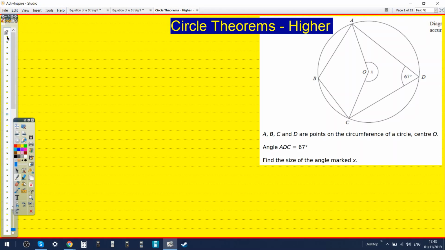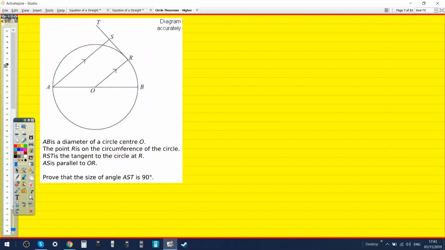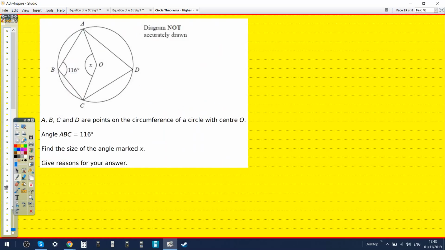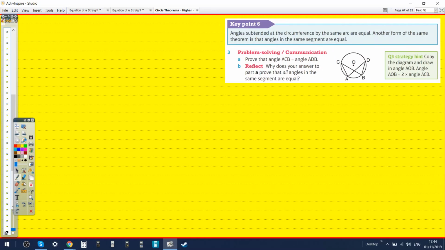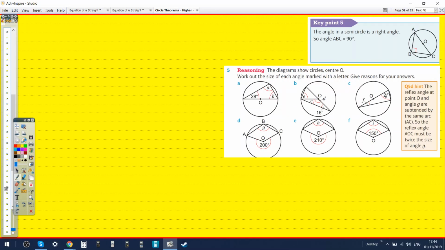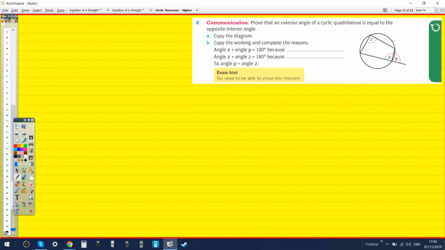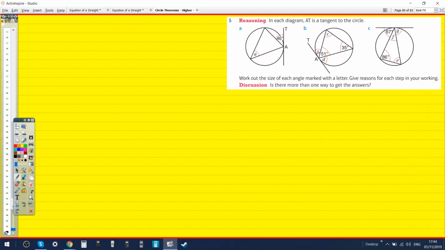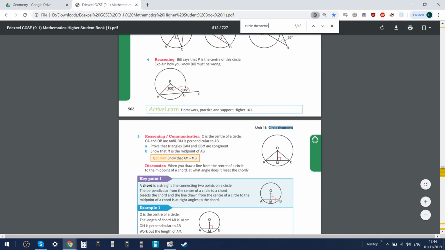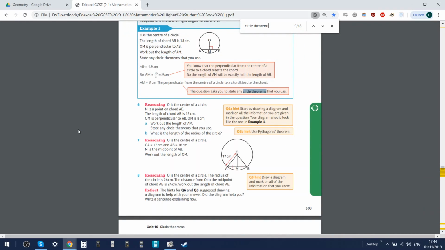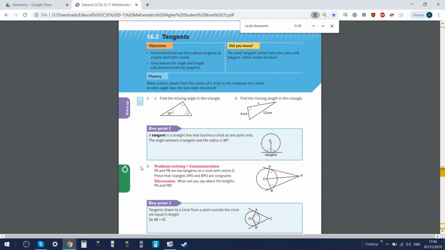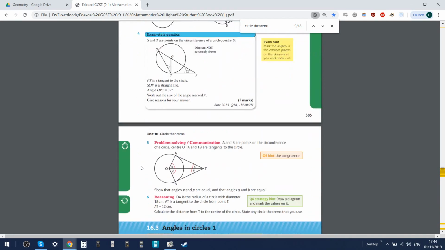Did I not include this at the end? Let's see. I might not have, because strictly speaking, it's not really a circle theorem. Just the book put them next to each other. Right. Okay, so the book was just loading, I think.